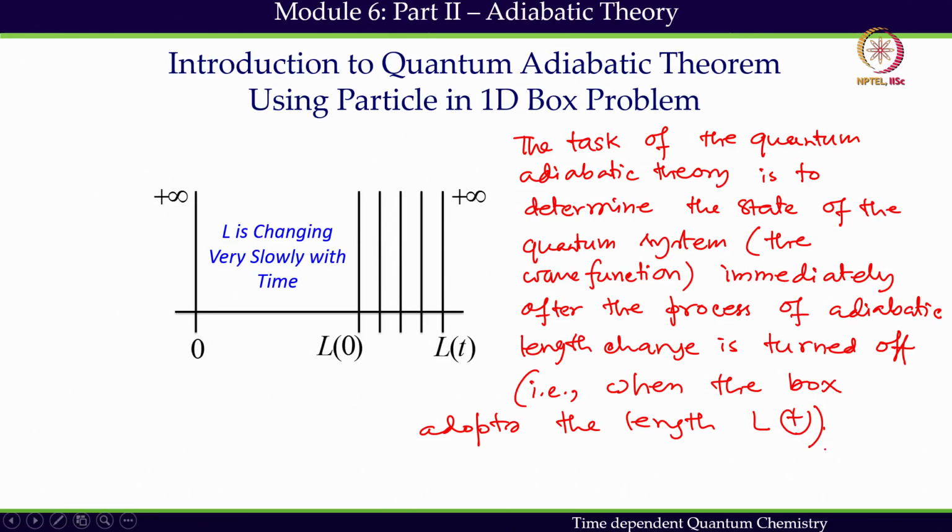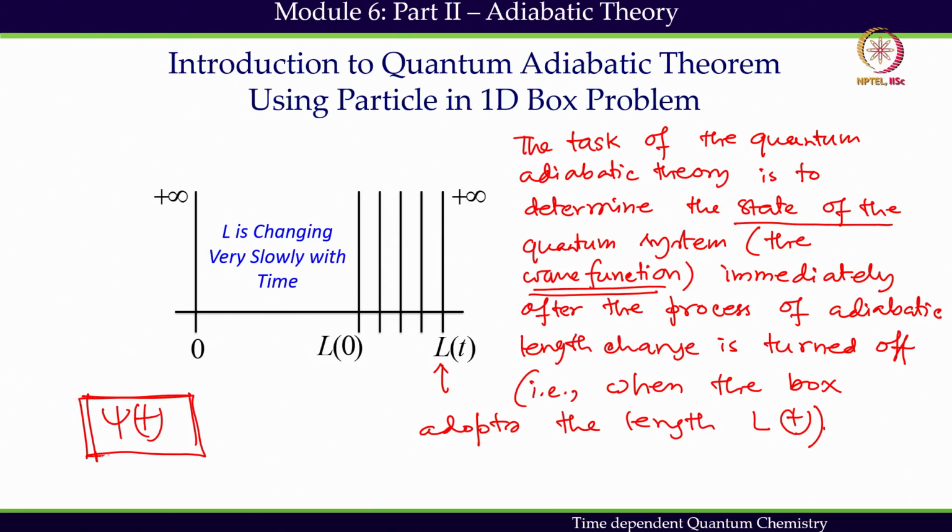So, the entire task of the quantum adiabatic theorem is to determine the state, which is nothing but the wave function. I need to find out the wave function of the system, psi t. At time t, immediately after the adiabatic change has been turned off, what wave function is representing the current system?